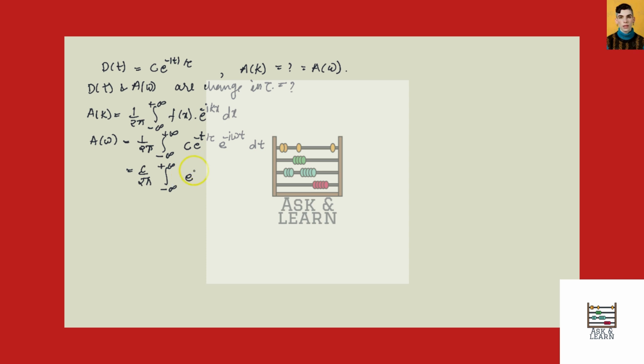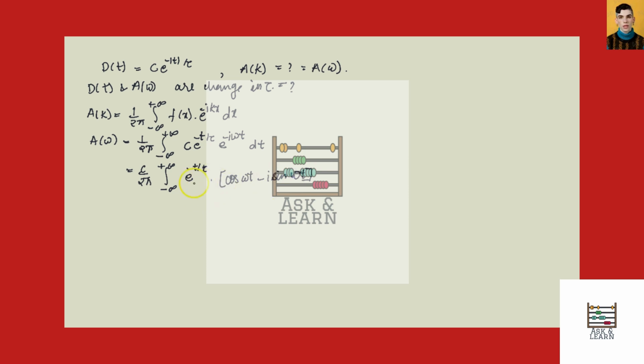e to the power minus t by tau. e to the power minus i omega t can be written as cos omega t minus i sin omega t.